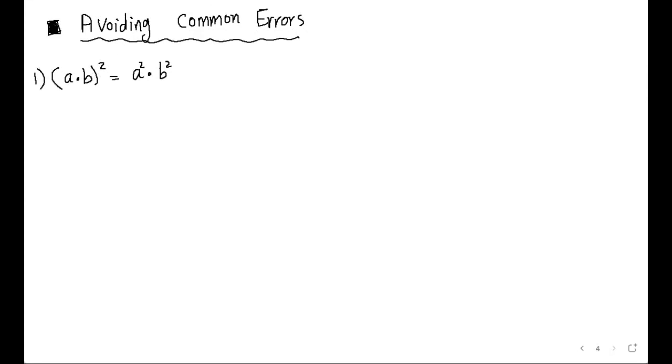What does that mean? I mean, a plus b squared is not equal to the first one squared plus the second one squared. What is a plus b squared equal?